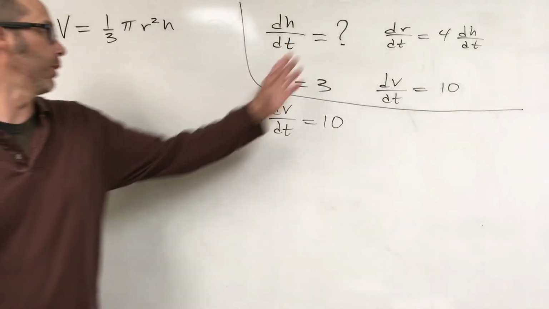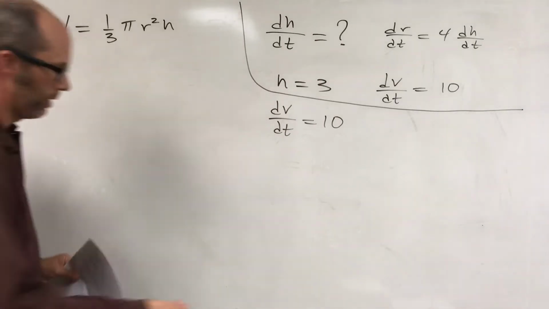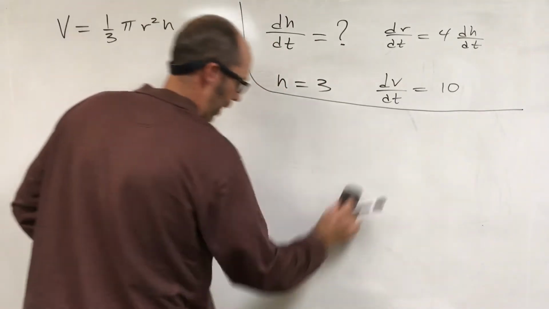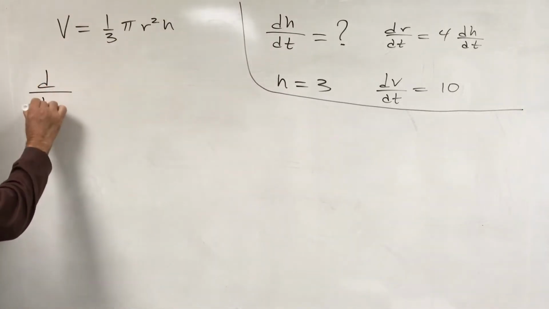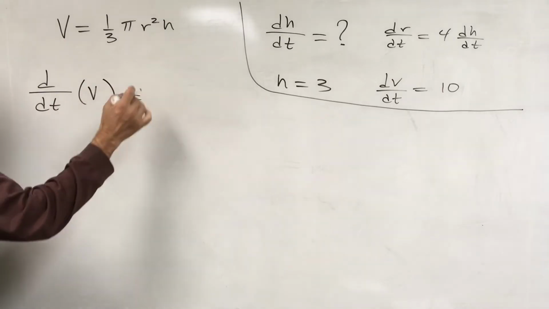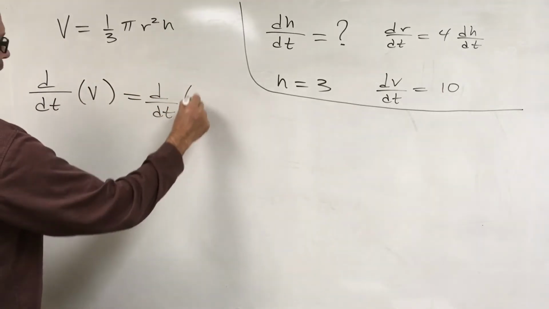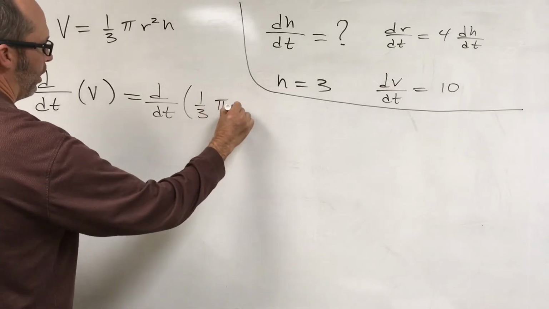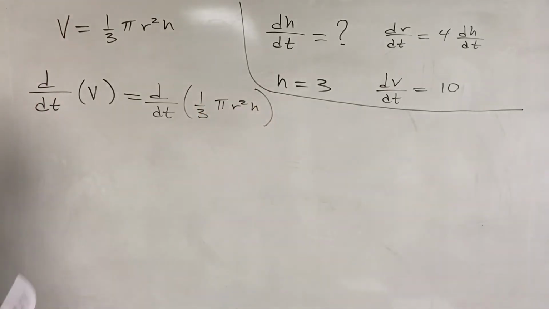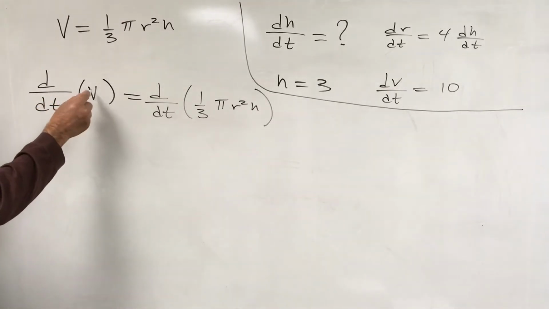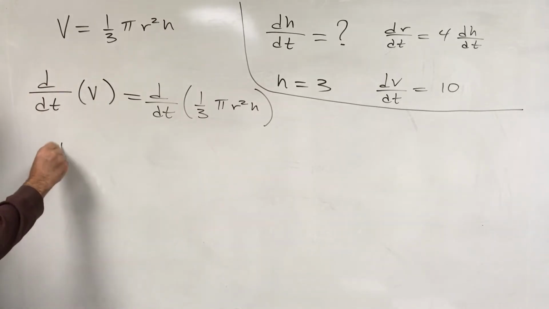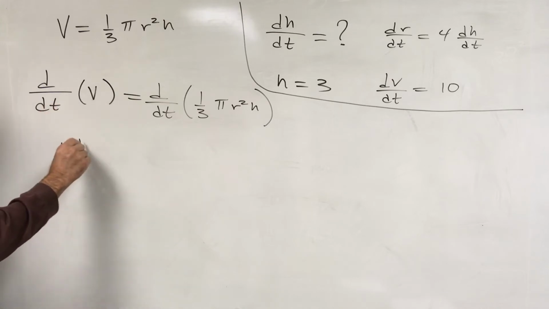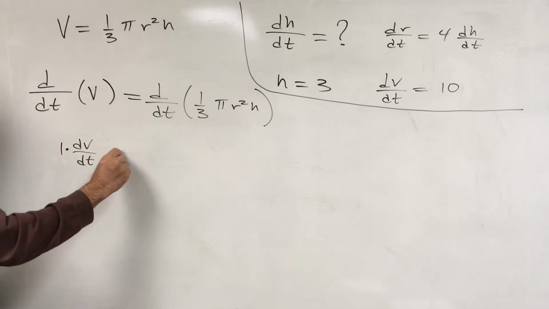Now with this information, I'll proceed the same way I would for any of these problems. That is, start with taking d/dt of both sides. So d/dt of V equals d/dt of the cone volume formula, one third pi r squared h. First, the derivative of V is 1, using the power rule. And V and t are different, so we tack on the dV/dt.